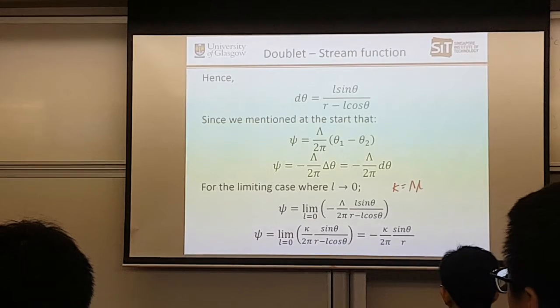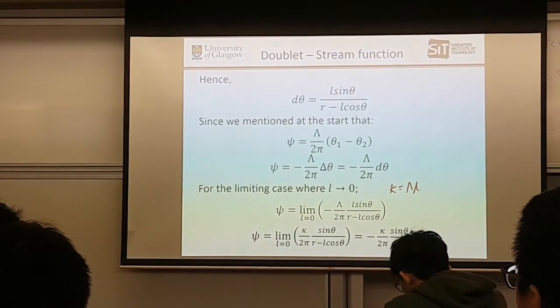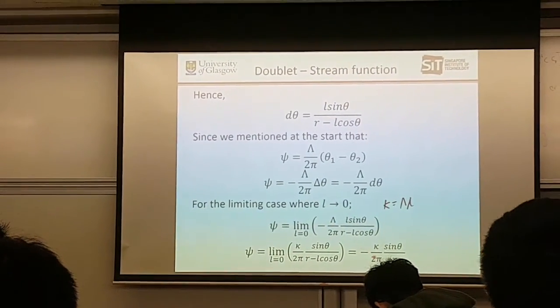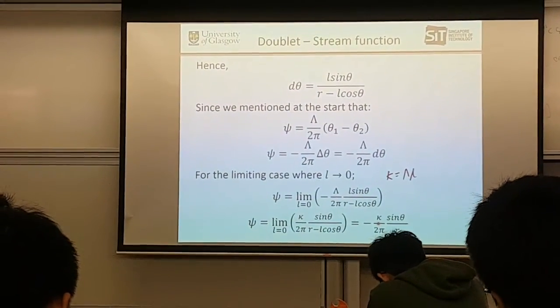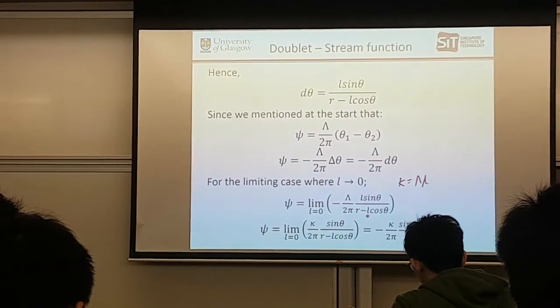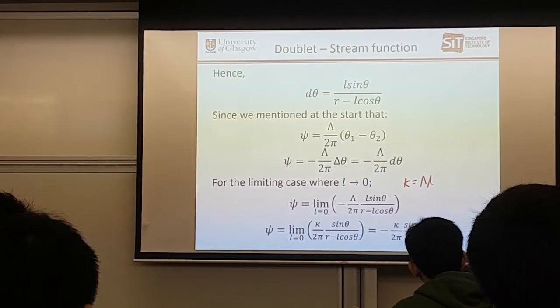Your inverted V multiplied by L. That's why this source strength multiplied by L gives you my kappa here. Because my L becomes very small, almost 0, this term will be cancelled off. That's why I have this equation here.